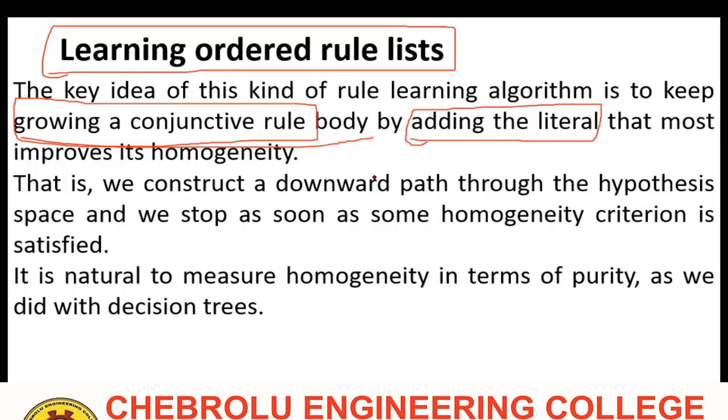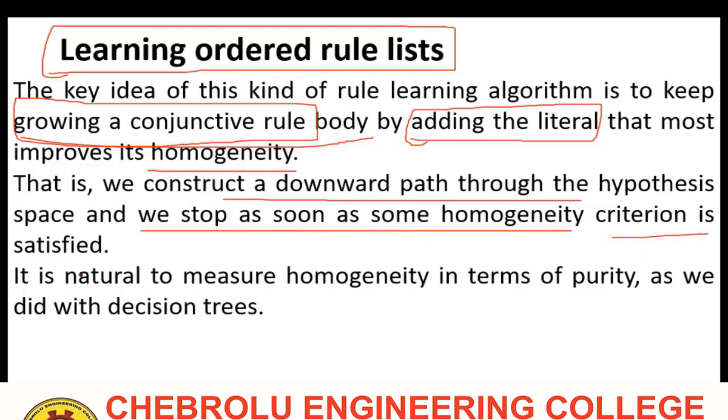By using all these things, we can add literals to the rule so that it improves homogeneity. That is, we construct a downward path through hypothesis space and we stop as soon as the homogeneity criterion is satisfied.